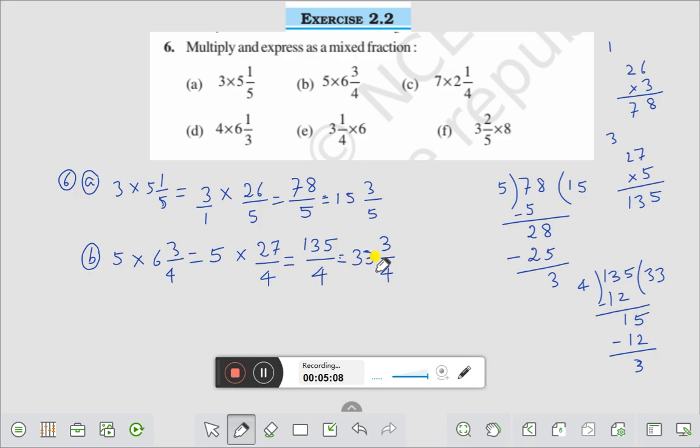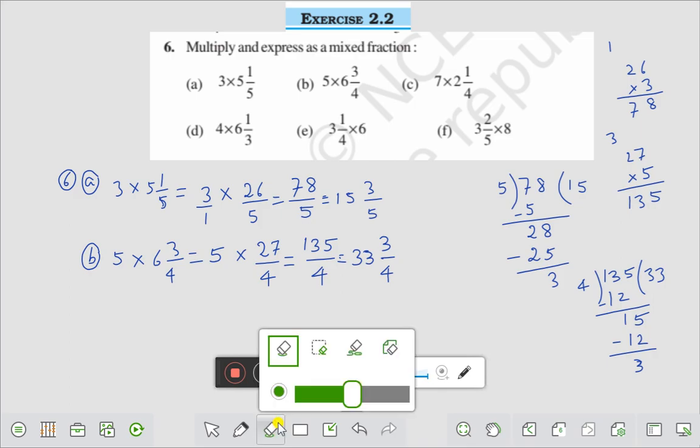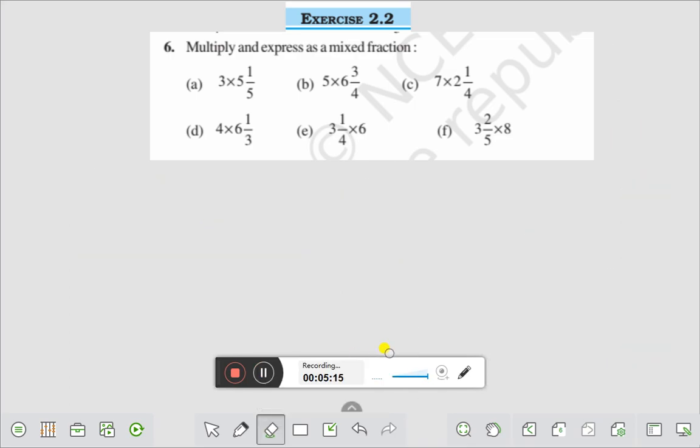Now we will solve question number C and D. Let us solve question number C. Question number C is 7 into 2 whole 1 by 4.